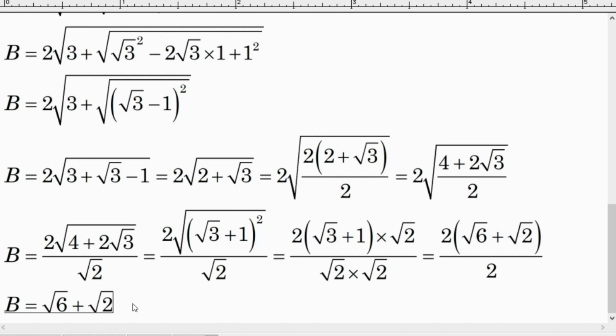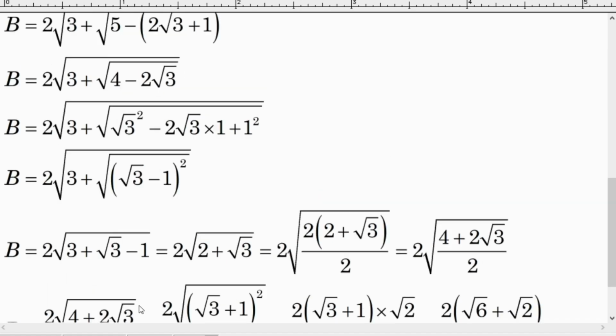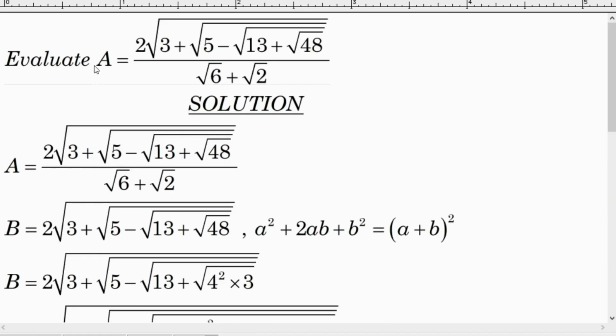Alright, now we have found the answer for b already, but the question is evaluate the values of a. So then we have to find the values of a, and a equal to here b divided by this number, because b is equal to this number.